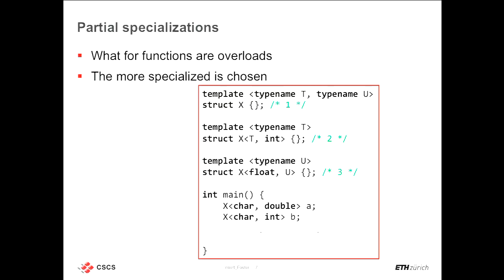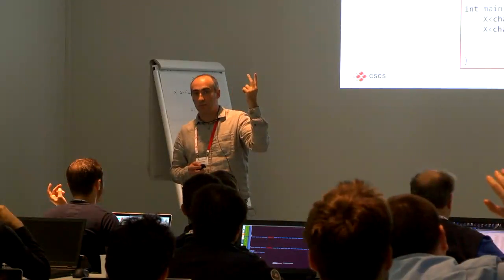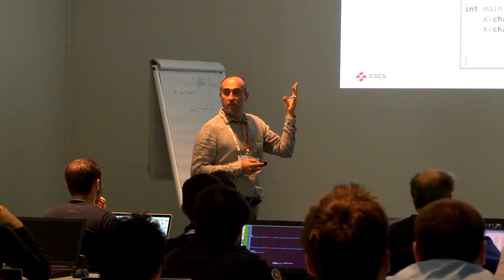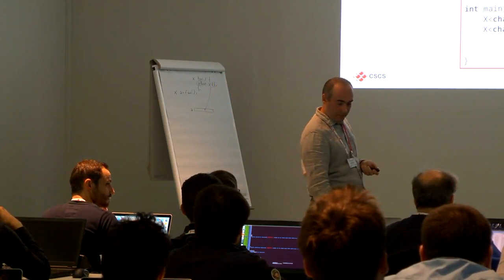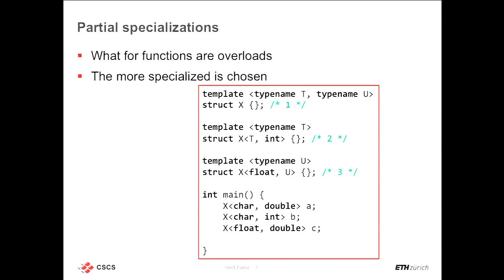If I do char and int, number 1, number 2, number 3, okay, number 2. And here, float and double, same, we'll instantiate number 3 because of the float. What happens here?